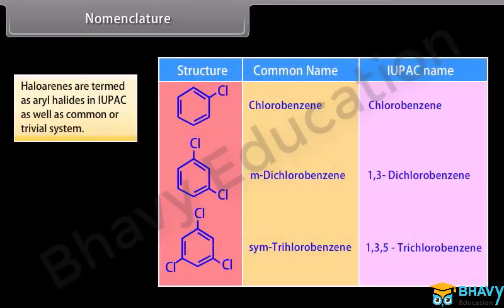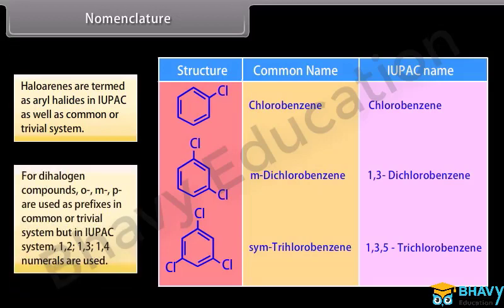Haloarenes are termed as aryl halides in IUPAC as well as common or trivial system. For dihalogen compounds, ortho, meta, para are used as prefixes in common or trivial system, but in IUPAC system, 1,2; 1,3 and 1,4 numerals are used.